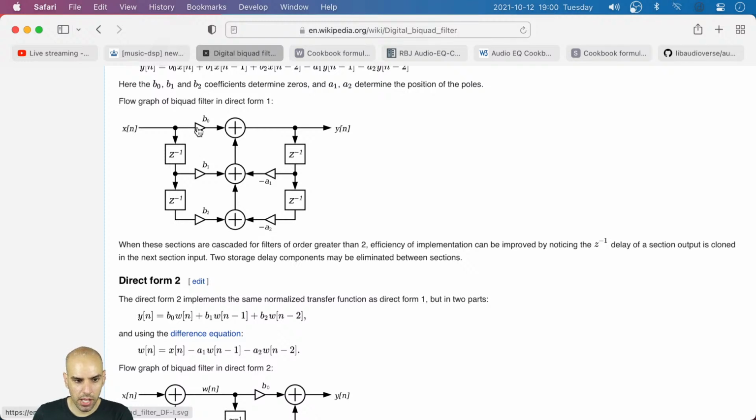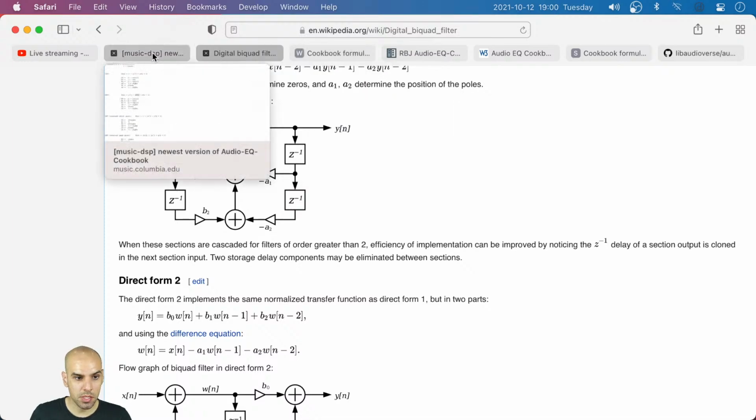Those are the triangles here. There are delays of one sample. These are these blocks. And then there is addition, but very importantly, it feeds back into itself. That's why these filters are called IIR, or infinite impulse responses. That's because there is a feedback loop. And that's the reason why this filter is not trivial to represent mathematically, because you have to think about how this feedback is going to affect the signal coming out.